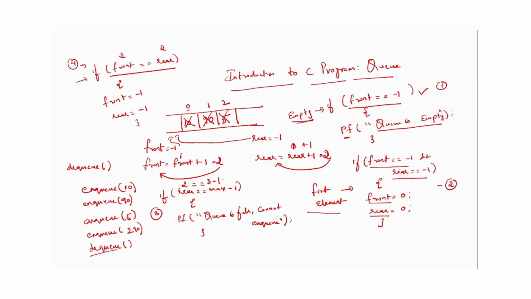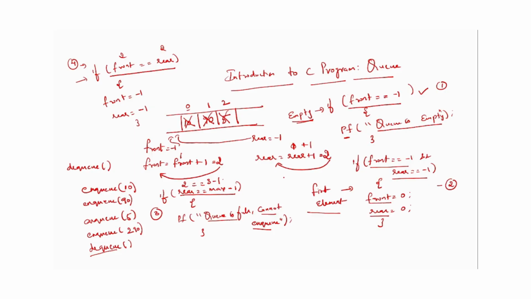Then the third condition: if the queue is full, then obviously you don't want the user to enter any more elements. So what will you do? Simply check this condition: if rear equal to max -1, then don't allow the user to enter any more elements. Queue is full, cannot enqueue, right?